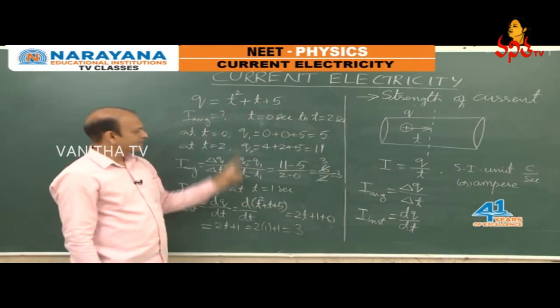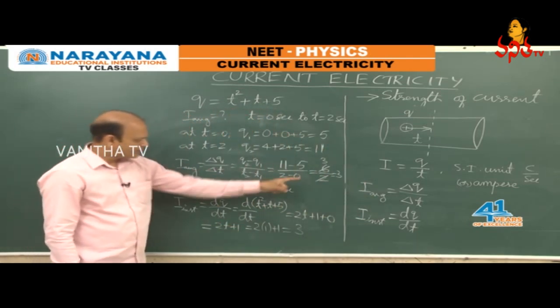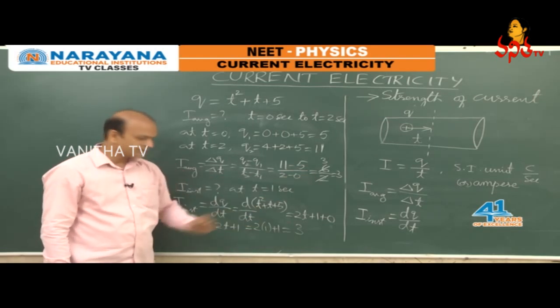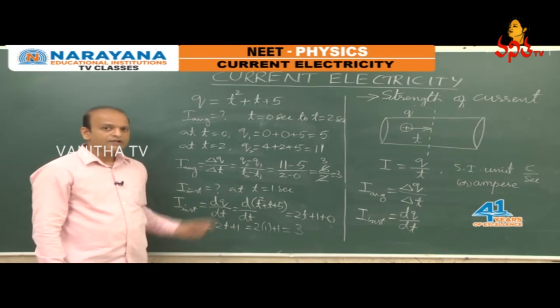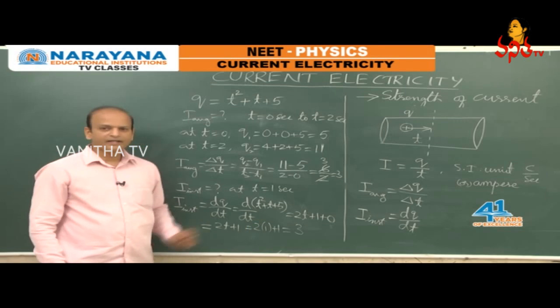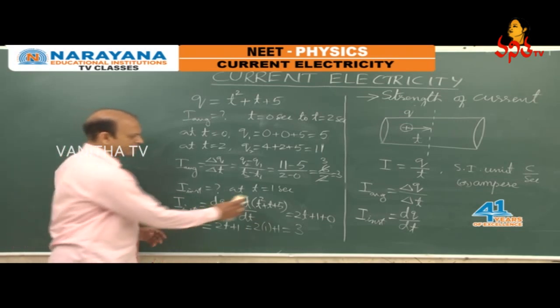For example, in this case we can see that exactly at 1 second, average current and instantaneous current were equal.